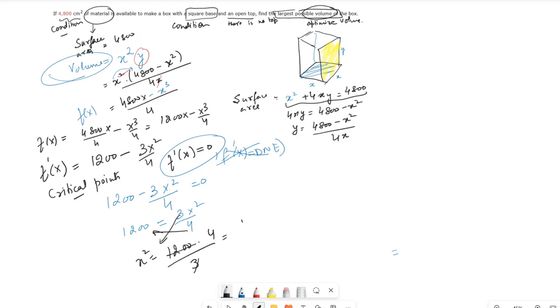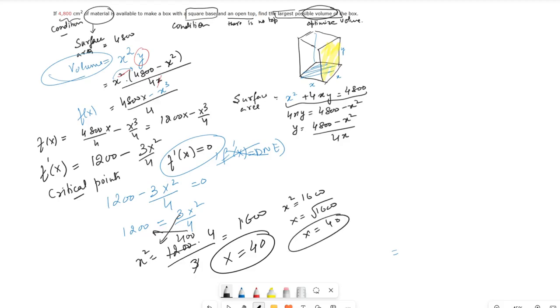The 3 can reduce this to 400, basically 1,600. Because x² is 1,600, x is the square root of 1,600, so x is 40.